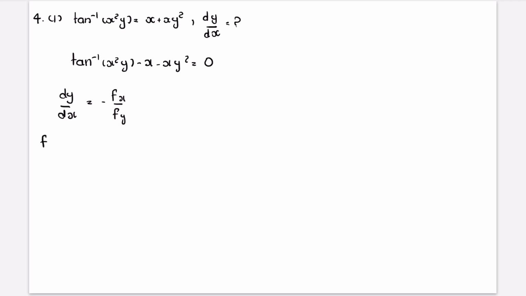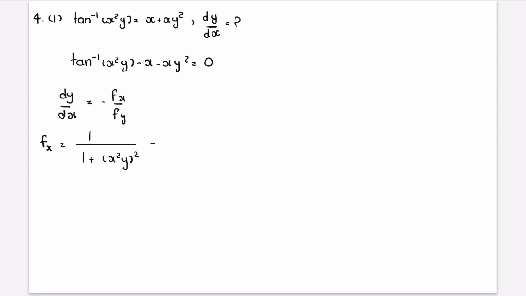So to find the fx, we only need to differentiate x only. So to differentiate tan inverse, it is 1 plus a squared, right? It's 1 plus a squared, but the other side is x squared y. So is x squared y squared minus, minus. So we need to differentiate each side.